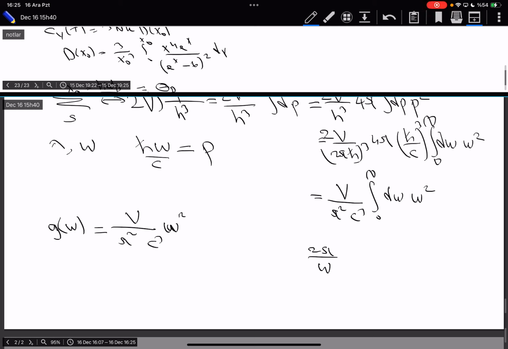It's moving at the speed of light c. So if this is the period, it moves this much. During one period, it has to move one wavelength.